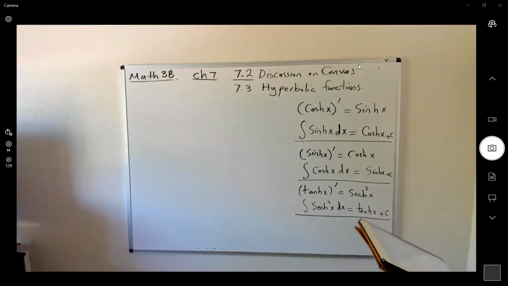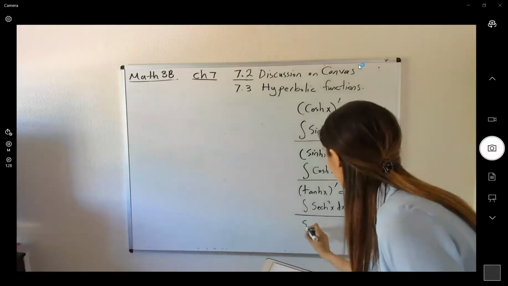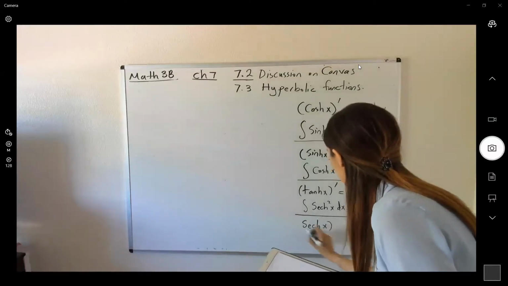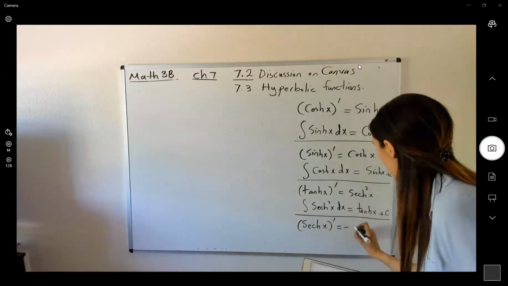The important one is that the derivative of hyperbolic secant is equal to negative hyperbolic secant times hyperbolic tangent, so we have a negative sign.